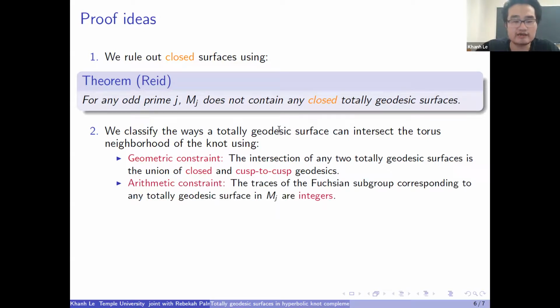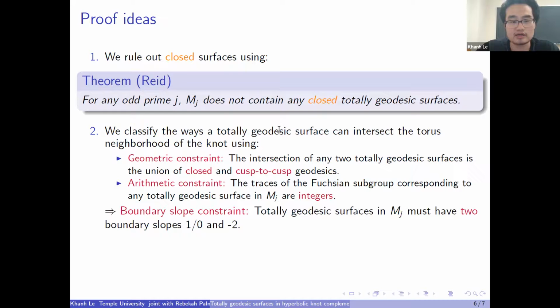And second is an arithmetic constraint, which says that the traces of the Fuchsian subgroup corresponding to any totally geodesic surface in M_j are all integers.